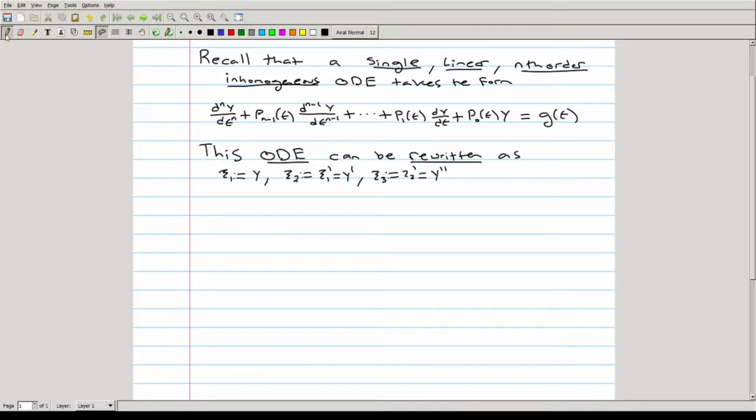All the way up to and including xi_n, which will be defined as xi_{n-1} prime, which is just the (n-1)th derivative of y, which I'll denote as y^{(n-1)}.